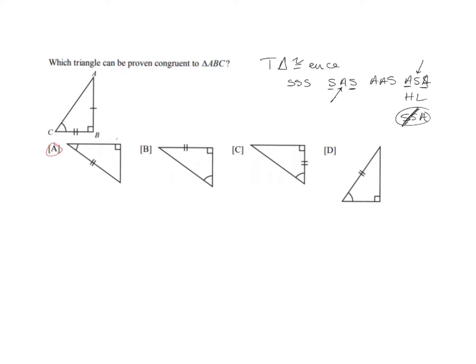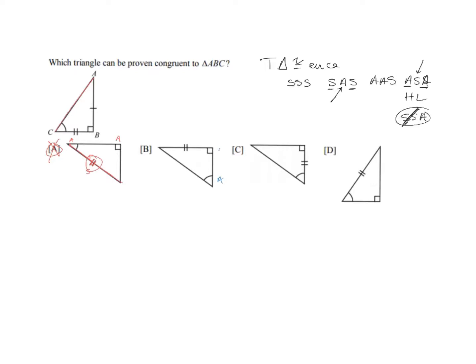What I look at here is I have an angle side, but my hypotenuse here, which has two slashes, does not have two slashes at the hypotenuse for the triangle they're giving me. So this would not be an appropriate answer because I don't have a match. Let's look at this answer choice.